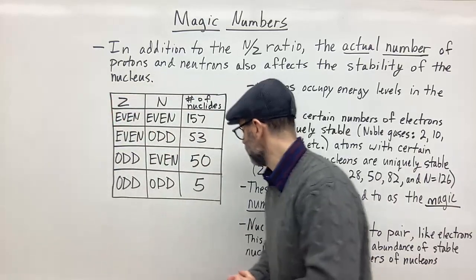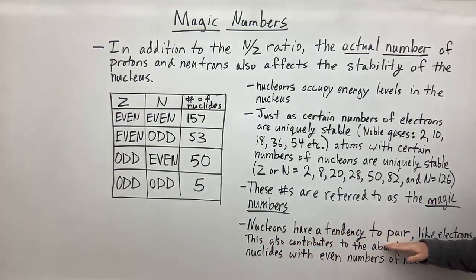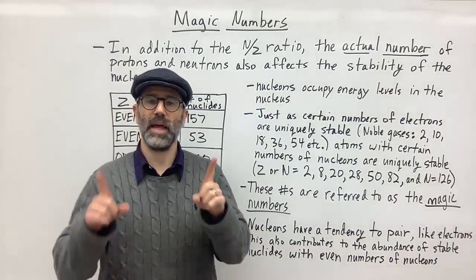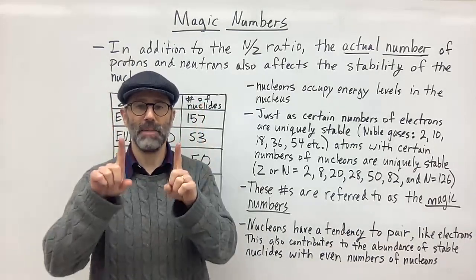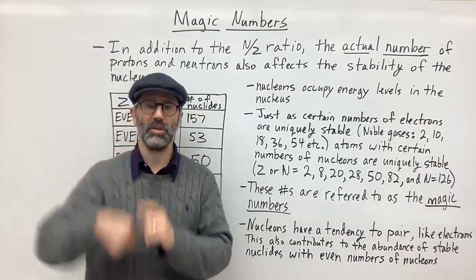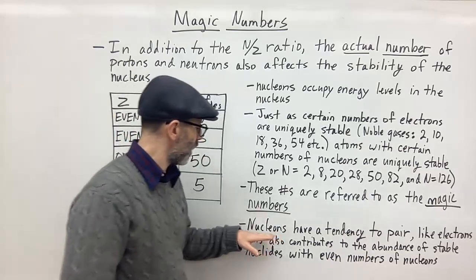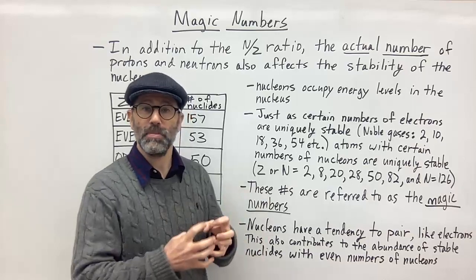Nucleons also have a tendency to pair, like electrons. Remember, electrons pair up with opposite spin, spin up, spin down, and that adds to the stability. In the same way, nucleons, I don't think they have spin, but they do pair up.